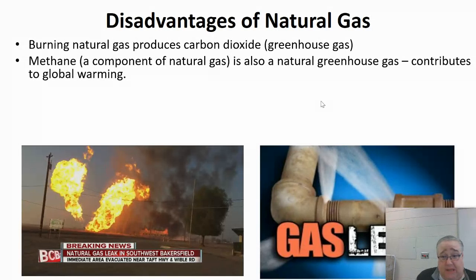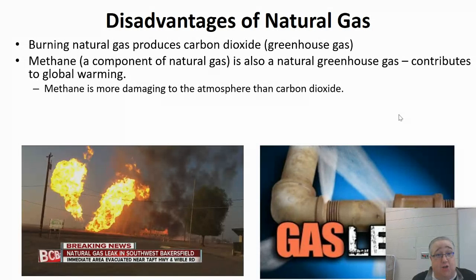So really, it's not good if you burn it. It's also not good if you don't burn it. If it leaks out of the ground, if there's, let's say, a natural gas pipe that breaks and it leaks out into the atmosphere, natural gas is actually a worse greenhouse gas than carbon dioxide is.